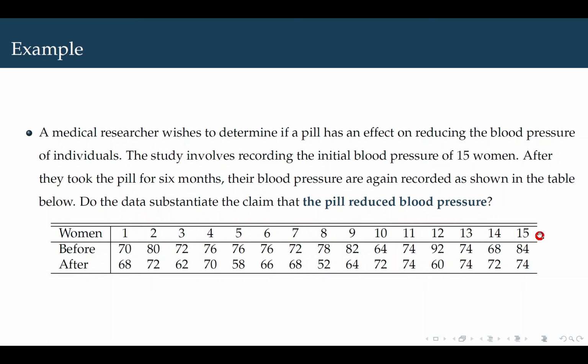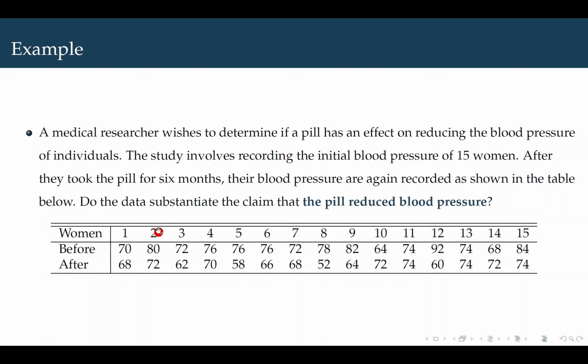So here we have 15 women. For woman 1, before taking the pill, the blood pressure of that individual is 70, and after taking the pill, it is 68. These two observed values come from a single woman. Therefore, these two observations are paired observations because they have the same source.